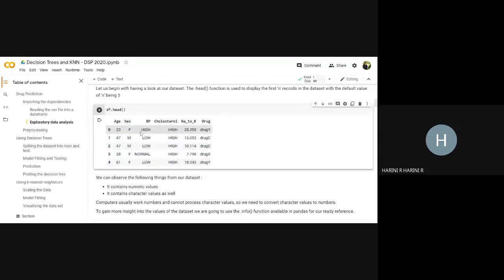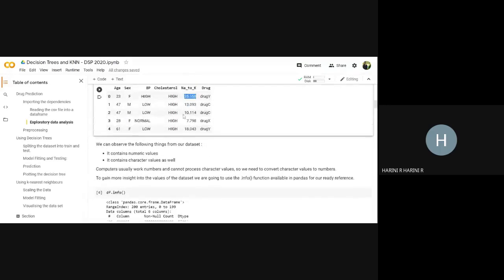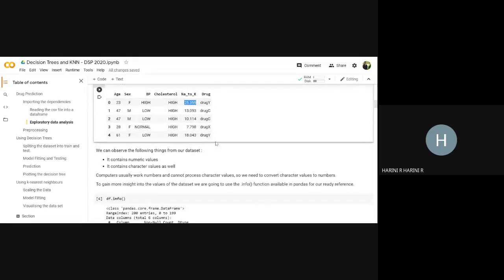The BP column has high, low, normal, etc. The sodium to potassium column has floating point values, unlike the age column, which is just an integer; this has a decimal number. And then the drug column, which is our target variable. So we can see there's a mix of different data types over here.